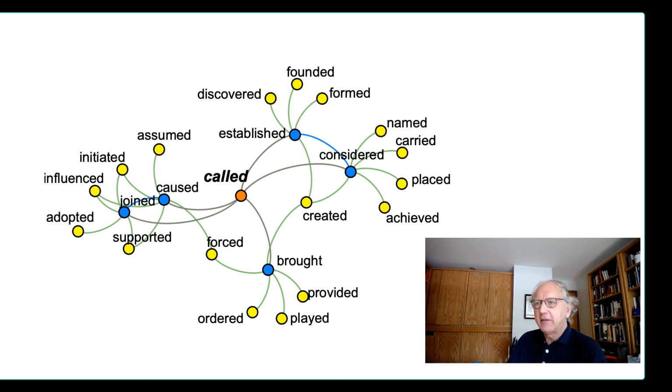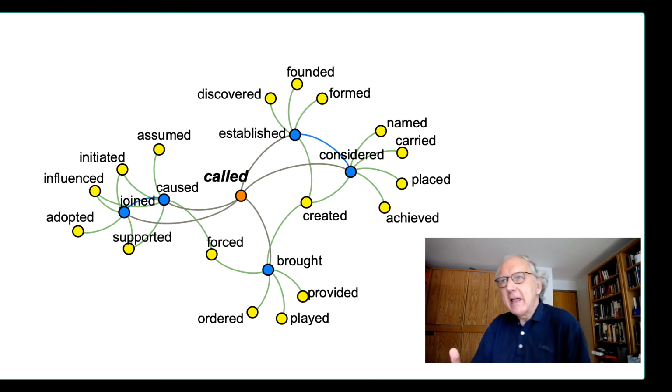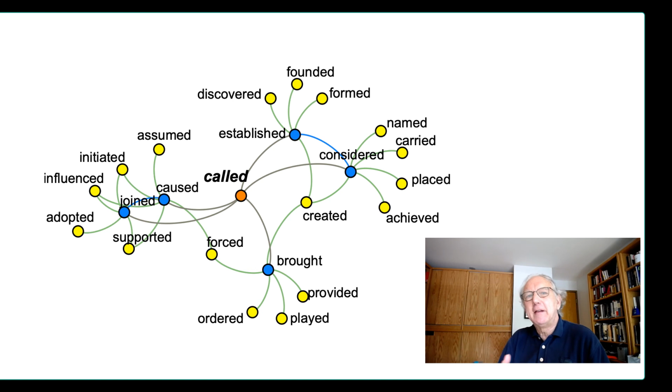And you can see that most of them take ed as their suffix. A form like named would be analyzed by linguistics as having a d suffix, and carried would be analyzed as having an ied suffix. Okay, so this is a way of automatically determining that different morphological forms play the same syntactic role. Okay, let's look at the next one.